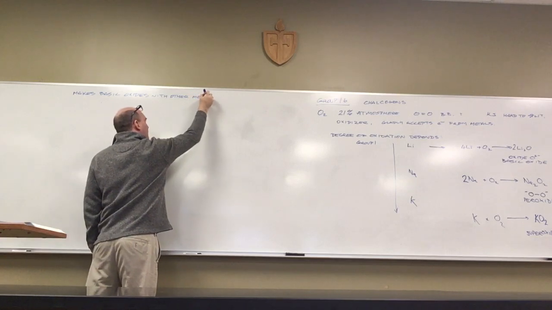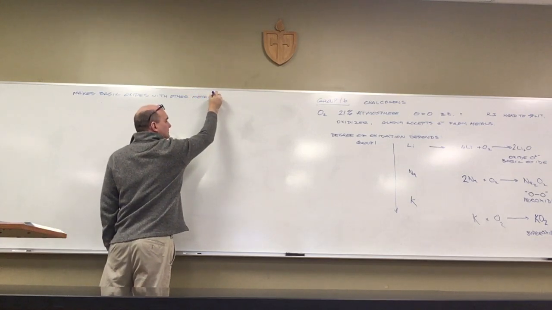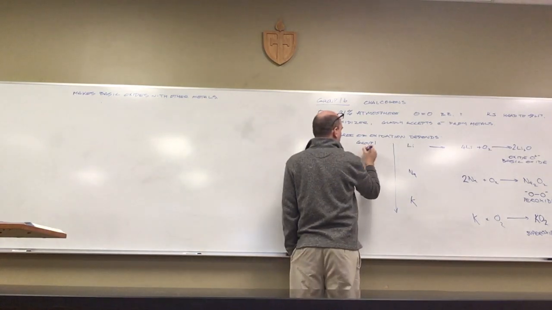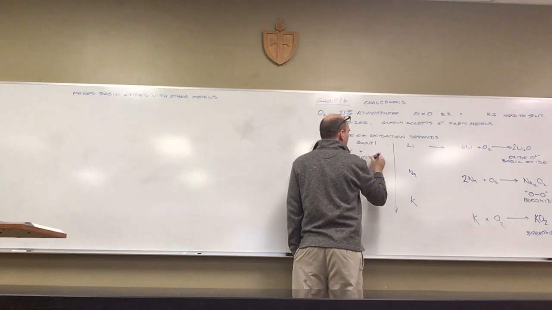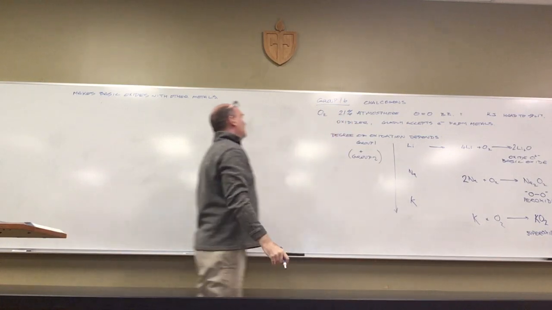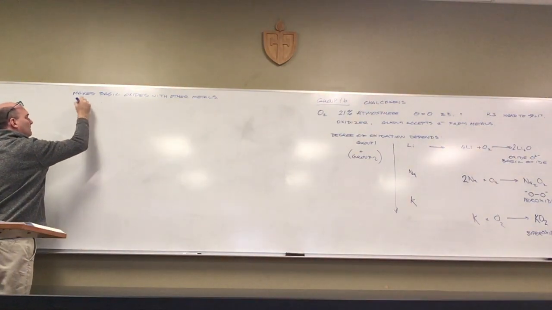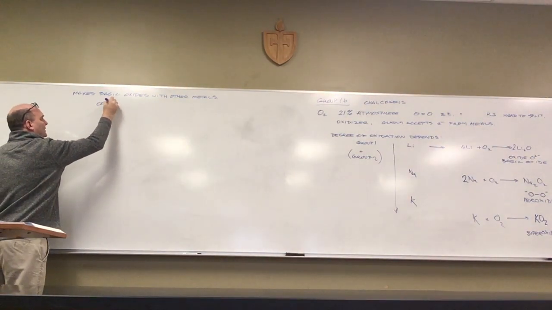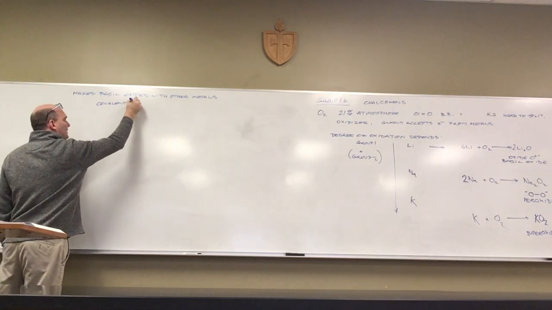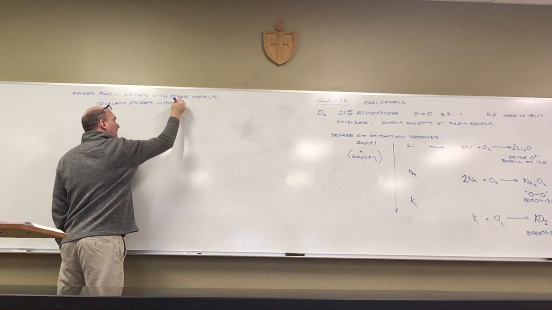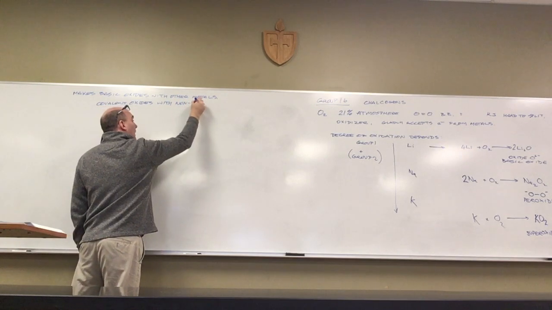So metals not in group 1 and group 2 make the basic oxide, and it makes covalent oxides with non-metals.